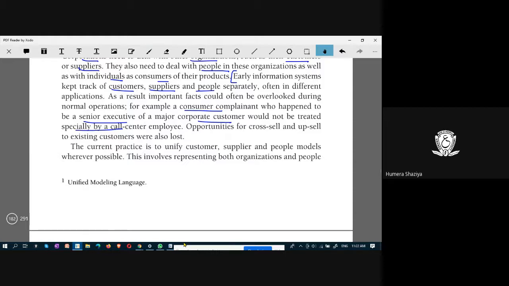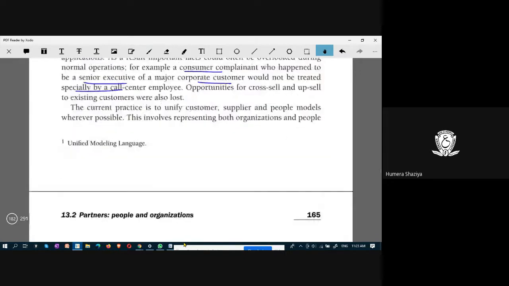A senior executive from Dell calls your call center employee, and that employee treats him as an individual, as a person, not as a customer, but he has to be considered as a customer because he is an executive employee in that organization. That was the drawback of the traditional information system.